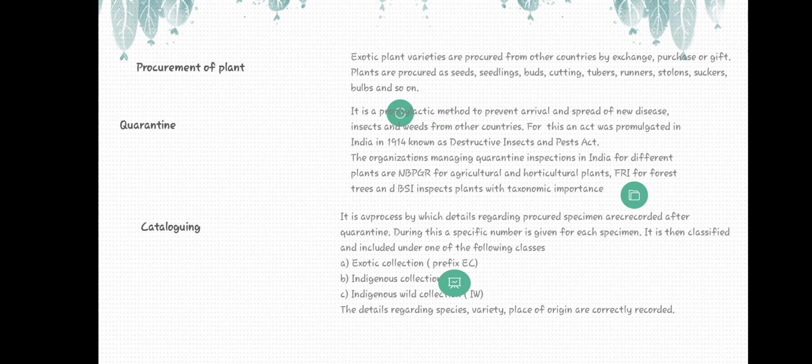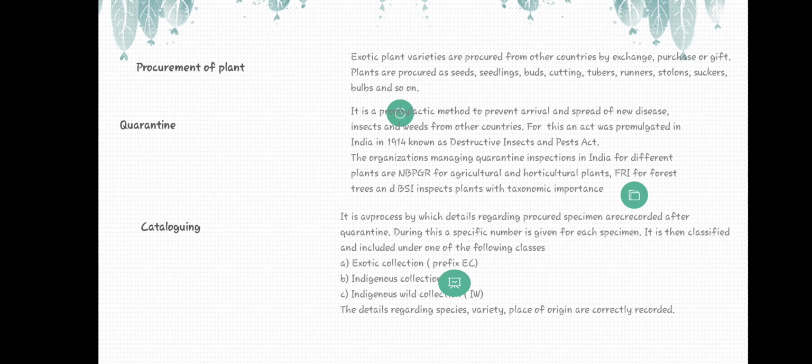After checking, the material is given a phytosanitary certificate, which ensures it is free from any disease, pest or weed. If we don't have this certificate, the material will be rejected by the quarantine department and destroyed. These are the things that come under plant quarantine.